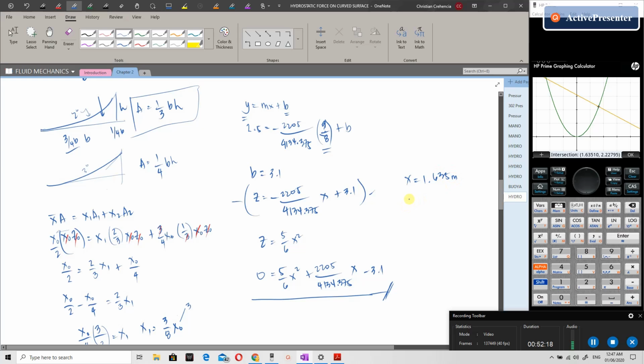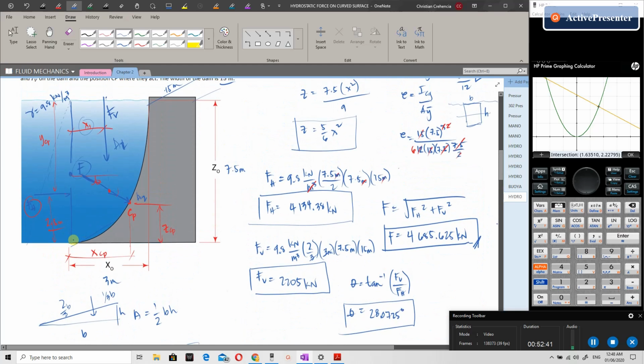While yung value ng y, or in this case nga pala is z. So that is 2.228 meter. So that is from the bottom of the gate. Okay, so mula dito. ZCP and XZP.